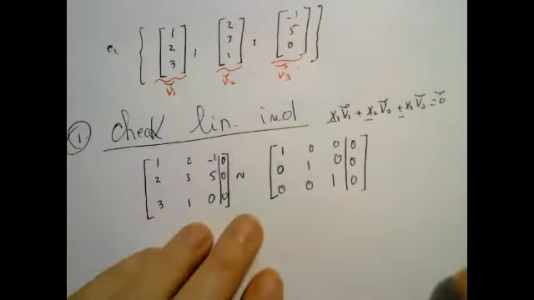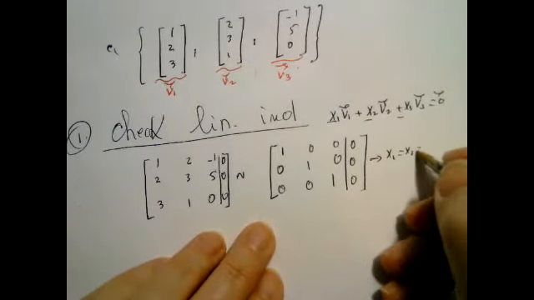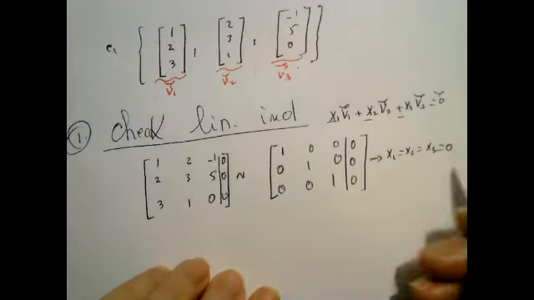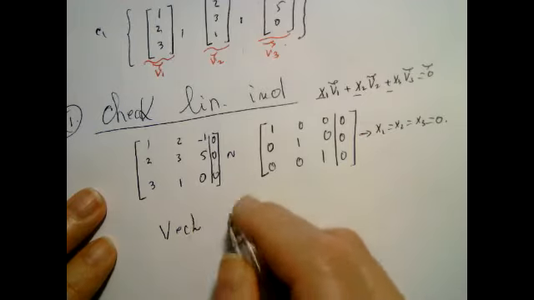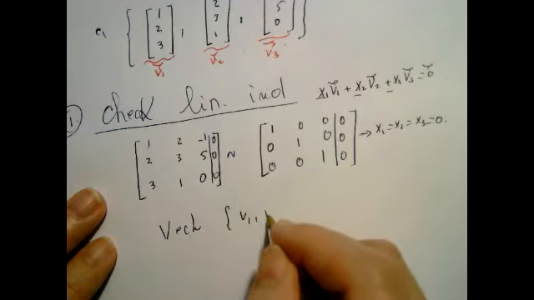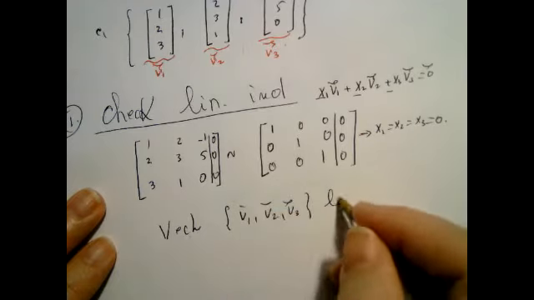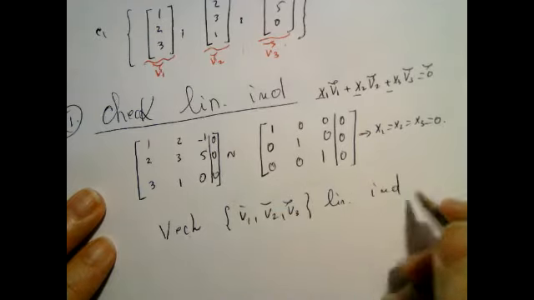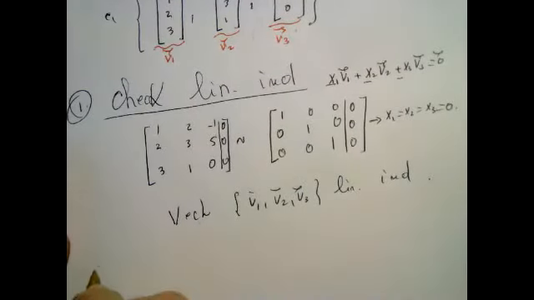So I'm getting the identity. So this tells me that x1 equals x2 equals x3 equals 0. So the vectors are linearly independent. So now I have three vectors in R3, and they are linearly independent.